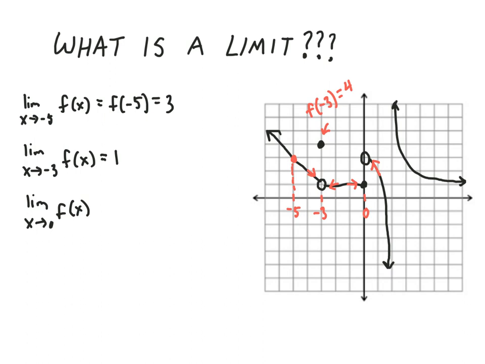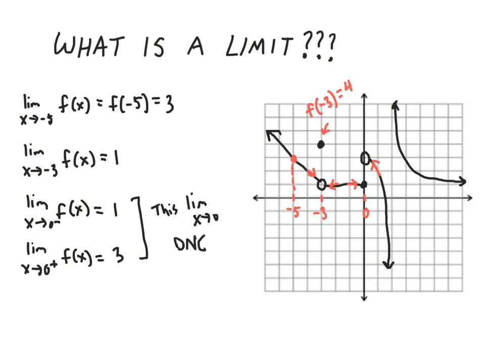I can ask about the limit as x approaches 0 from the left using a little minus sign, and then the limit as x approaches 0 from the right using a little plus sign in the exponent after the number. So as I approach from the left, it seems that I'm nearing a y value of 1. Meanwhile, when I'm approaching from the right, I'm nearing a y value of 3. And therefore, I can say that this limit, which was as x goes to 0, does not exist, because the approach from the left and the approach from the right are not the same.